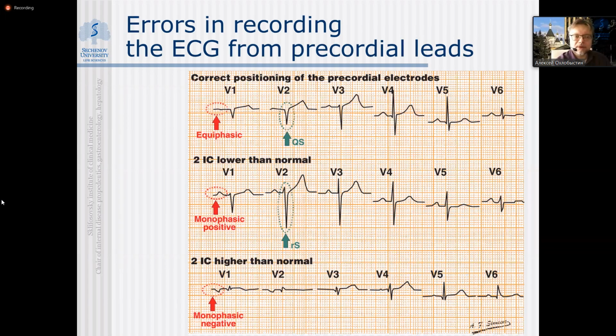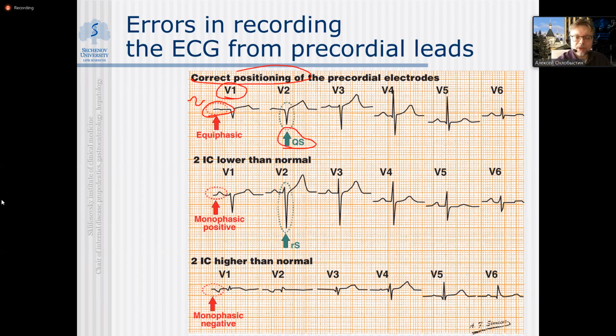So in the case of correct positioning of the precordial leads in a healthy patient, there should be an equiphasic P wave in the first chest lead. Equiphasic means with positive and negative phases. And the complex in the second chest lead should look like QS without a significant R wave.